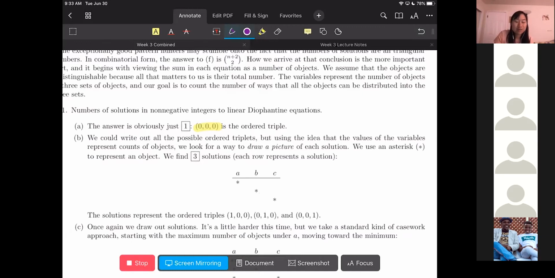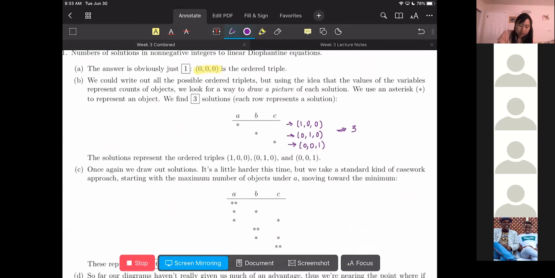Basically we have to sum everything to 1, so let's have a star represent that 1, and then a, b, and c. In this case, we could put the star in any of the columns a, b, or c. If the star is in a, that's the solution 1, 0, 0. This is the solution 0, 1, 0. This is the solution 0, 0, 1. So this gives us a total of 3 solutions. That's what we just said.